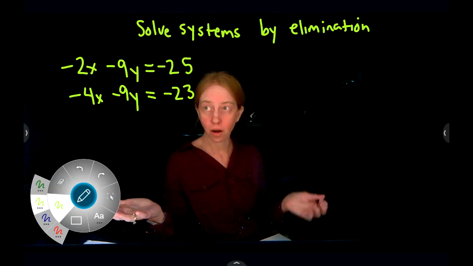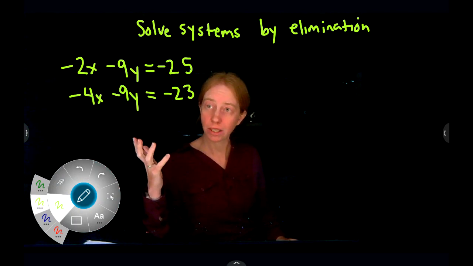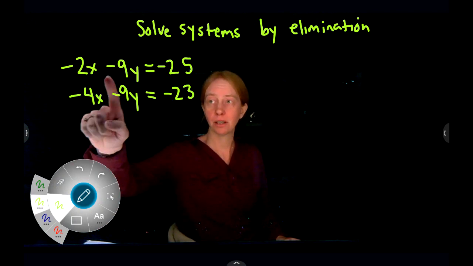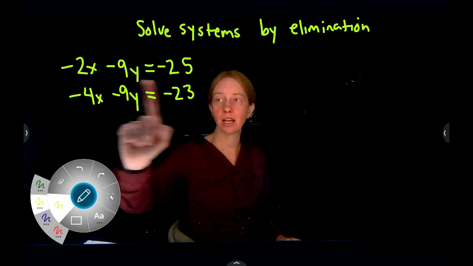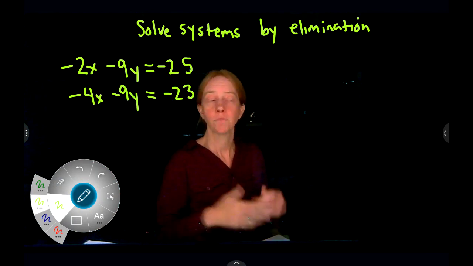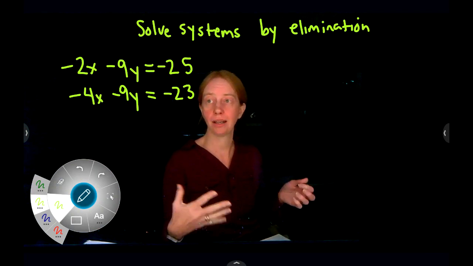We could also solve one of these for a letter. It's not quite so easy as it was in the last examples because we would have to not only move the y to the other side, but we would also have to divide by -2.